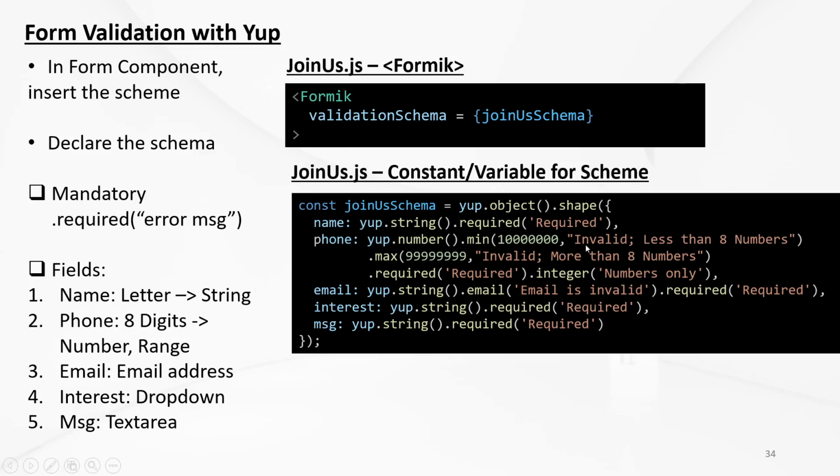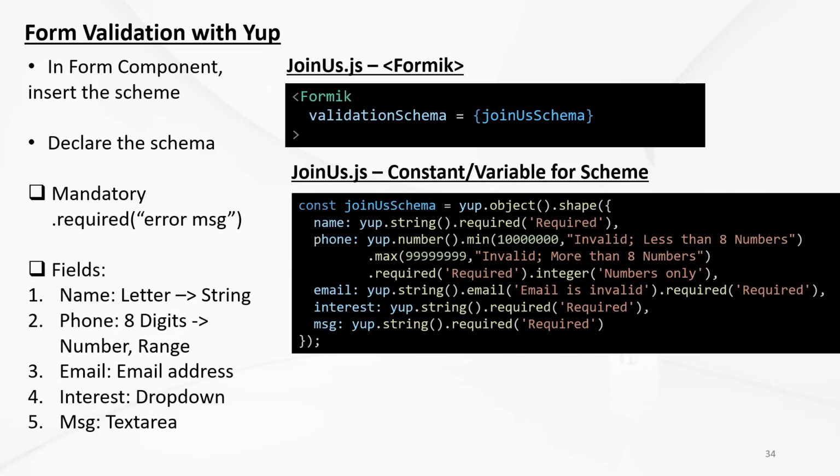If it's less than, it will display this. This way of validation, this algorithm, is not very clean. It's pretty crude, but let's settle for this for now. We can refine it in further releases or sprints.